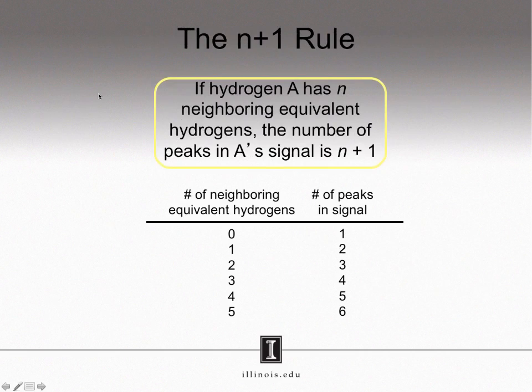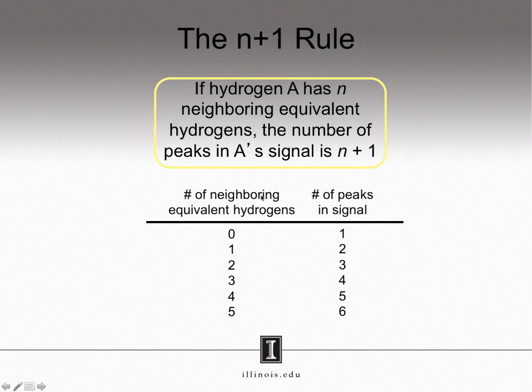Now that we understand where splitting comes from, how do we know how many peaks a signal should appear as? To make this prediction, you use the n+1 rule. If hydrogen A has some number of neighboring equivalent hydrogens, which we're going to designate by n, the number of peaks in A's signal is n+1.